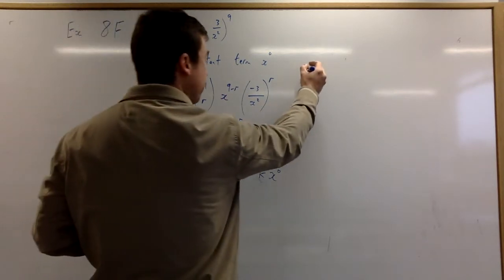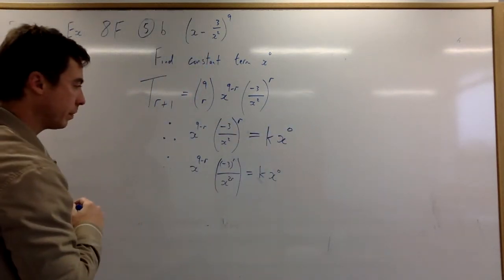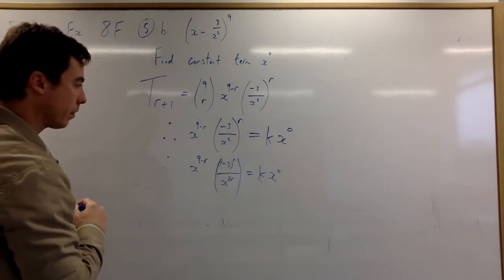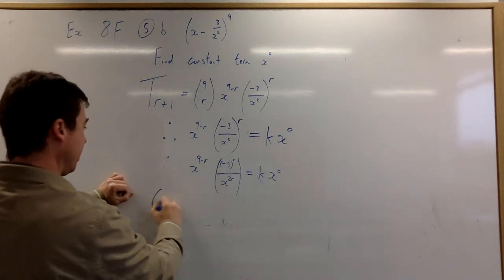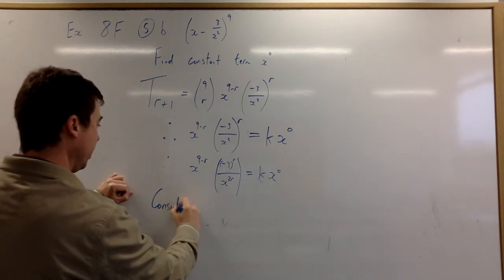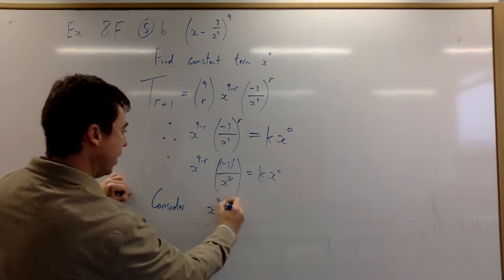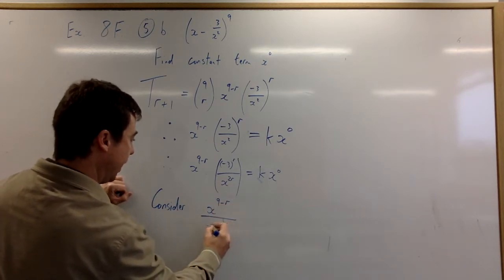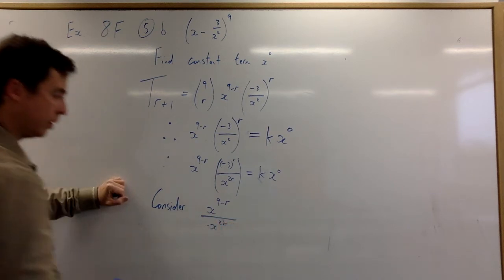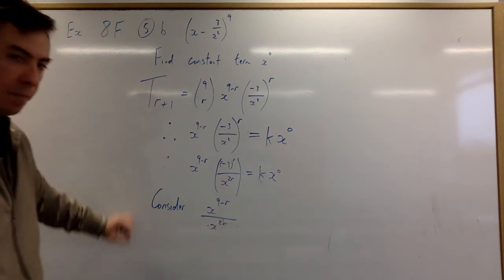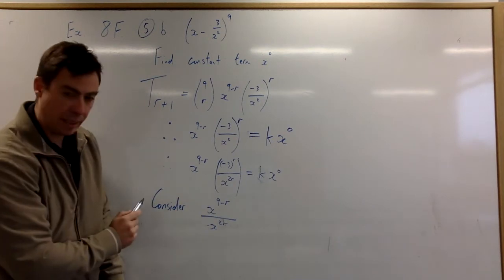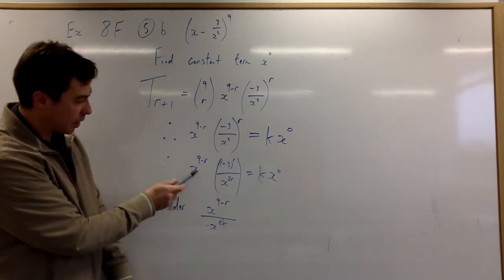I'm going to think, maybe consider x to the 9 minus r divided by x to the 2r. How do I make this equal 0? Well, now can you see that?